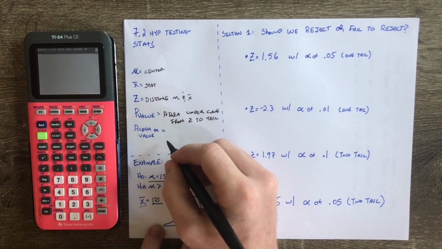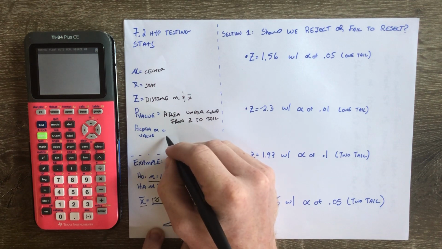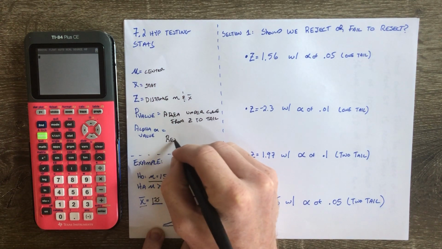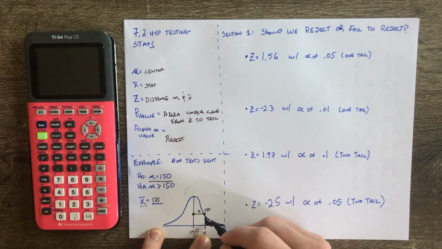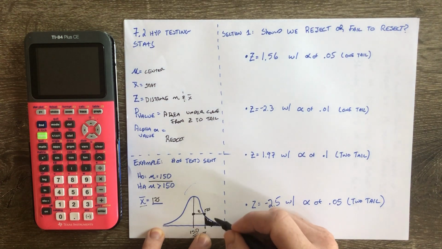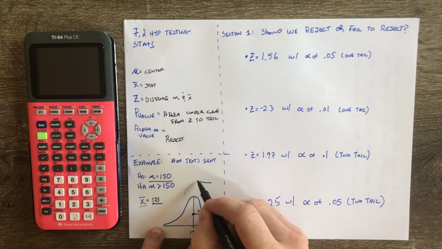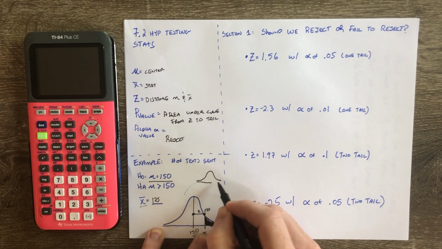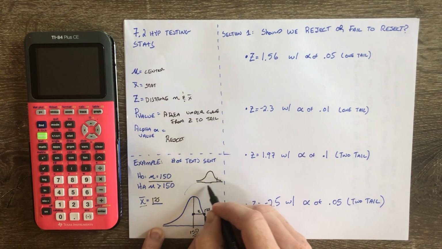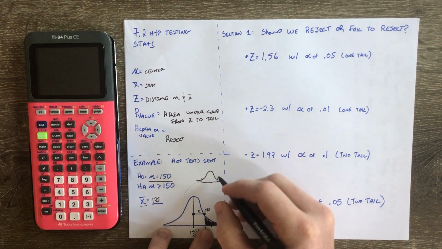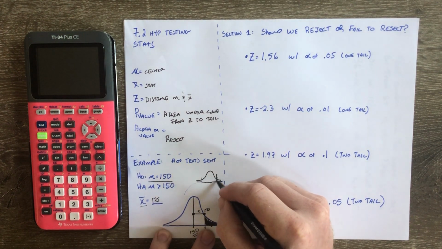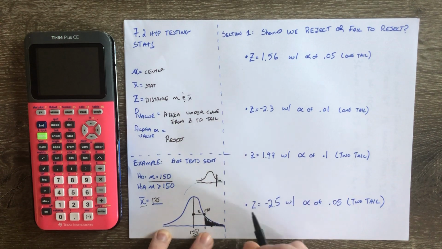And the alpha value is what you can think about as your rejection value. So with an alpha value, if you have a curve, if it's one tail, it'll either be here or here. If it's two tails, it'll be evenly distributed between the two. But basically alpha is kind of the fence post.